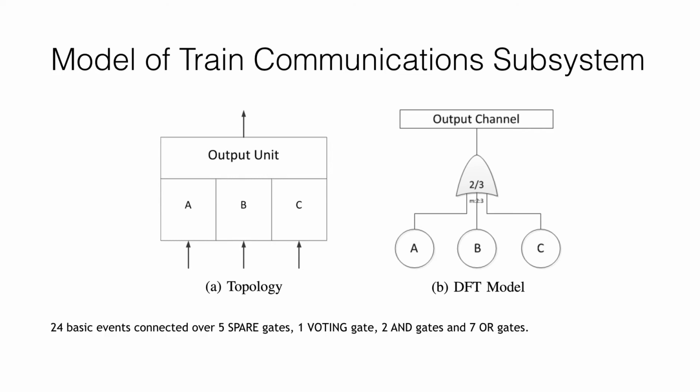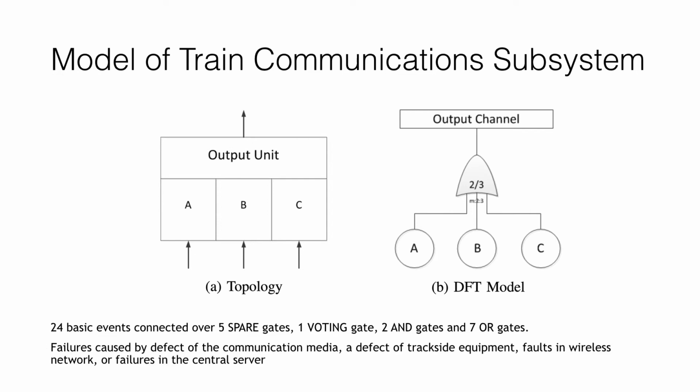So the TCSS comprises 24 basic events with 5 spare gates, 1 voting gate, 2 AND gates, and 7 OR gates, which is quite a bit of OR gates considering the low-level topology. And failures in this subsystem can be caused by defects in communication media, defects in track equipment, faults in wireless networks, or failures in the central server.